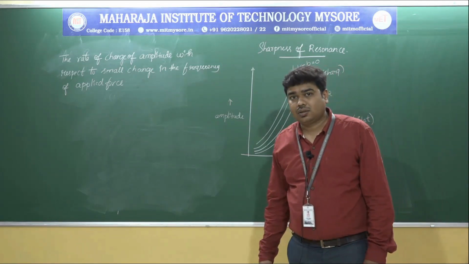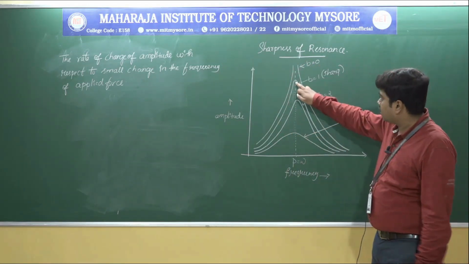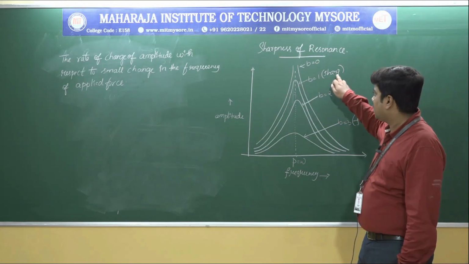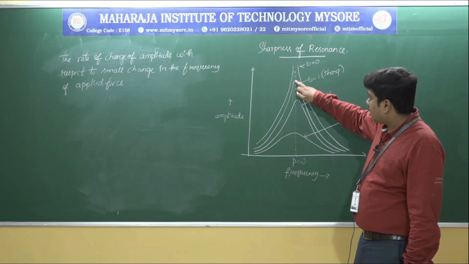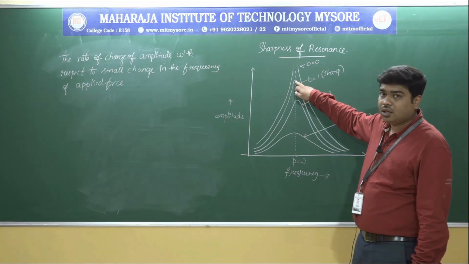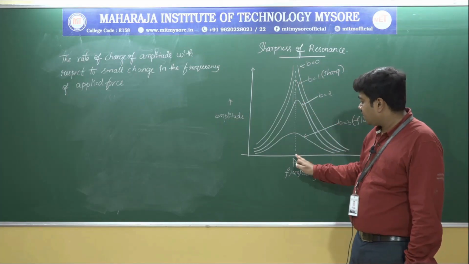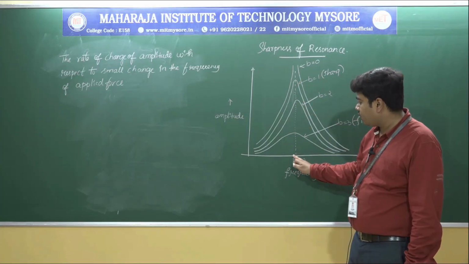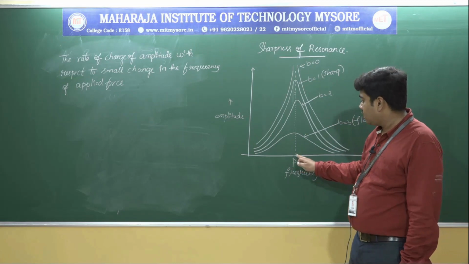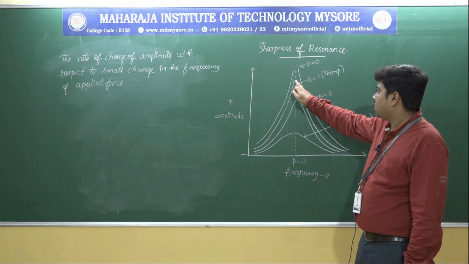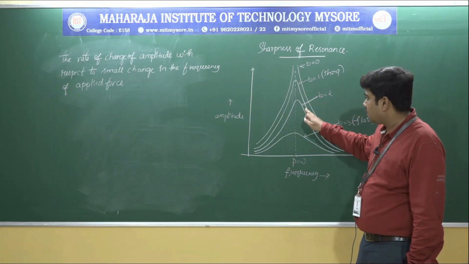oscillating body changes. Now as you can see here, in the case of the b equal to 1 factor, it is called a sharp curve. Now at p equal to omega, that is at the resonance condition, you have maximum amplitude. But even if there is a small change in the frequency, either if you decrease the frequency or if there is a small increase in frequency, there is a sudden sharp decrease in the amplitude.